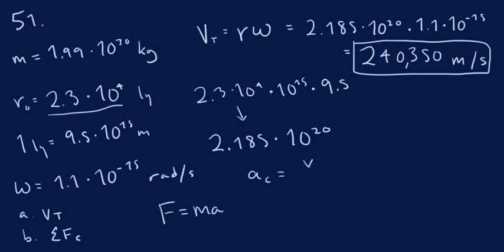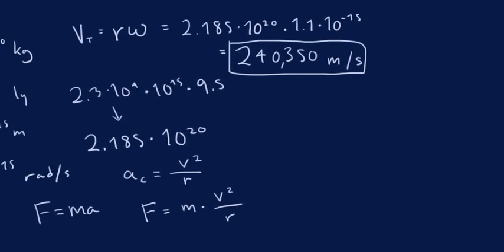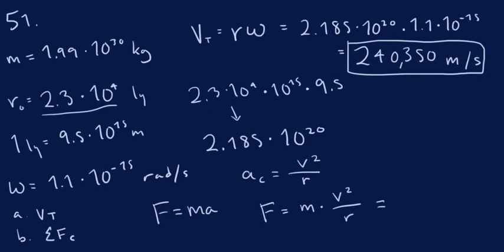I am pretty sure that's right. So to find the force, we have to take mass times v squared over r. And look at that, we have all of those variables already, except for F, because that's what we're trying to find. Okay, so mass equals 1.99 times 10 to the 30th.